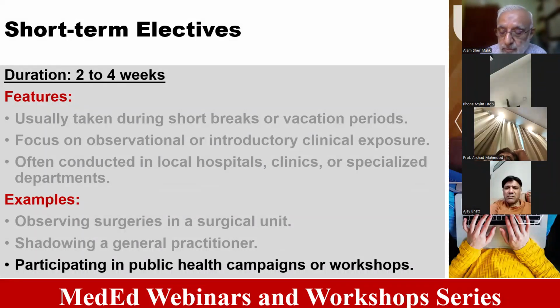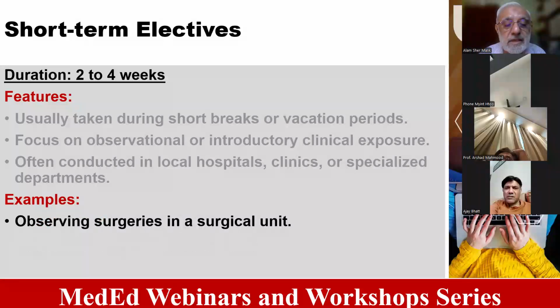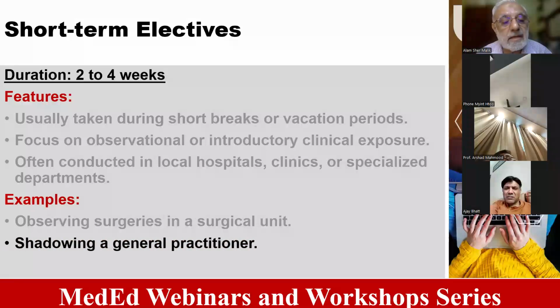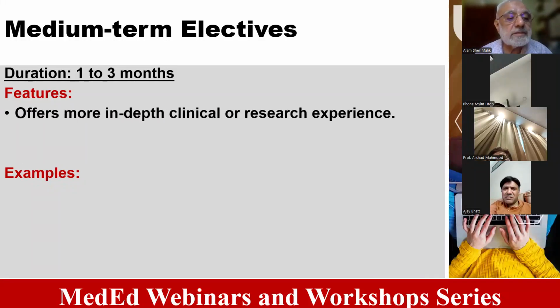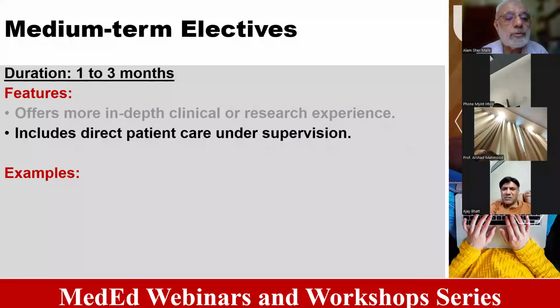One may think that students are already doing these things in their undergraduate program, but these electives provide them more time and a bit more depth than what is usually done in the undergraduate program. The medium-term electives' duration is 1 to 3 months, and the features include that they offer in-depth clinical or research experience, including direct patient care under supervision.